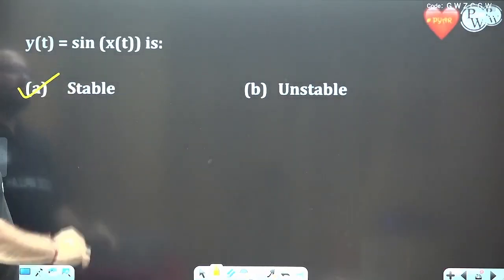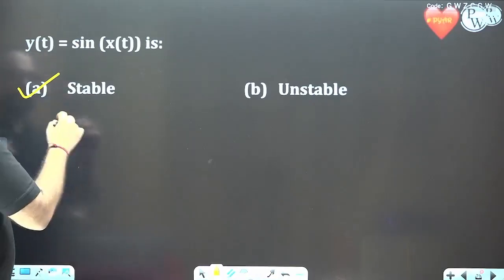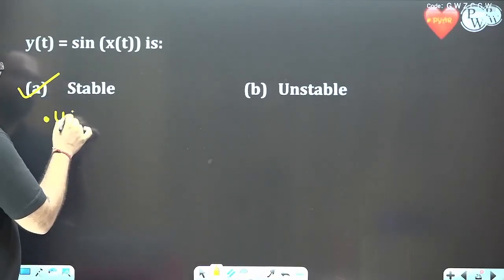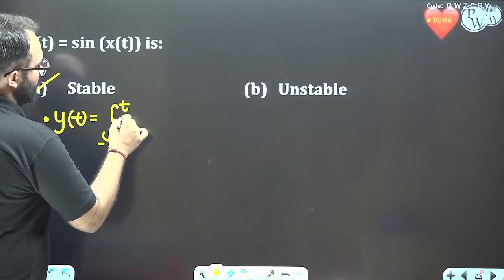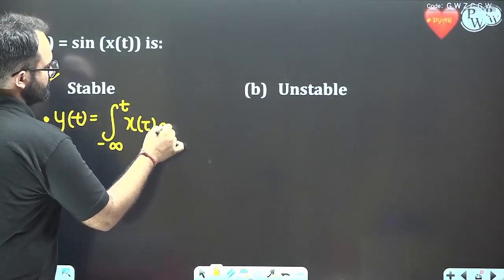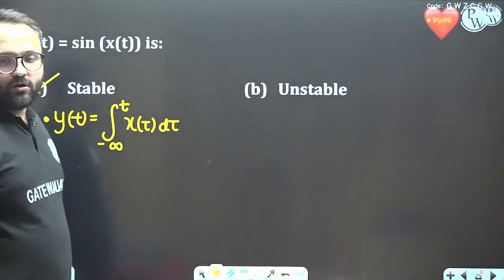This we have already done. This we have already done. Now, let's see one or two examples. Suppose this is a system: y(t) = integral from minus infinity to t of x(τ) dτ.